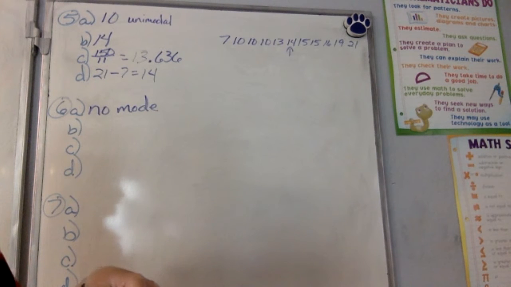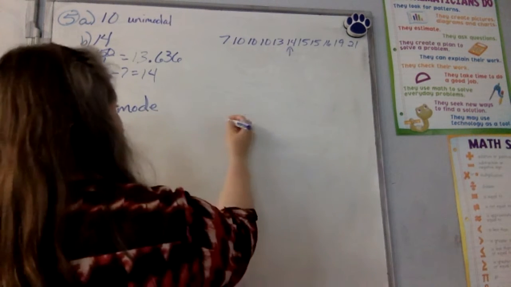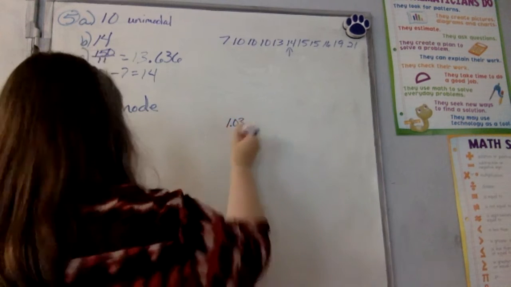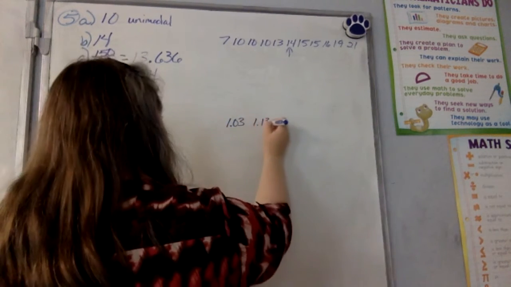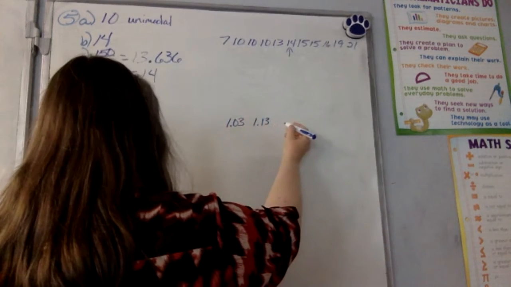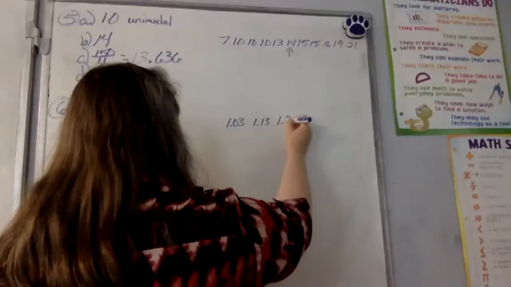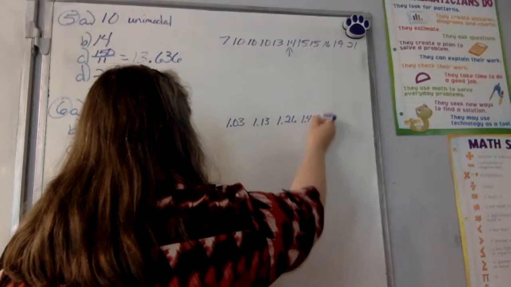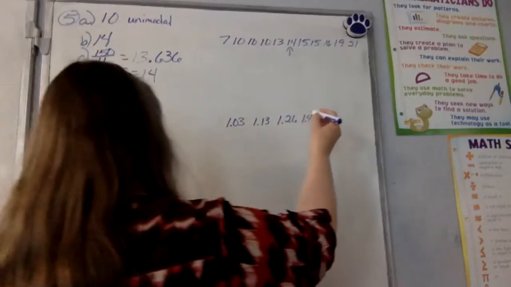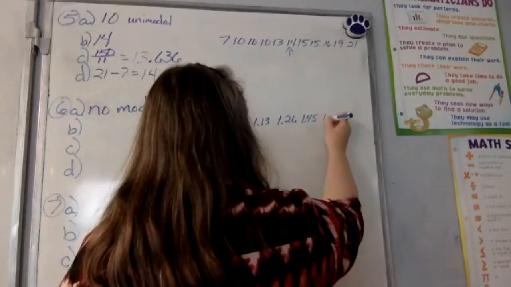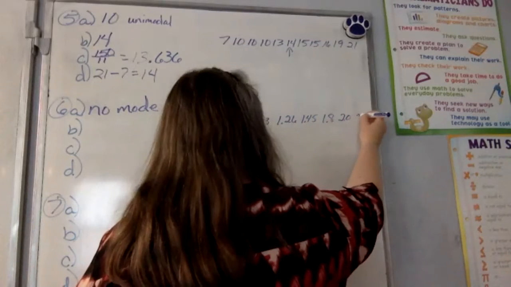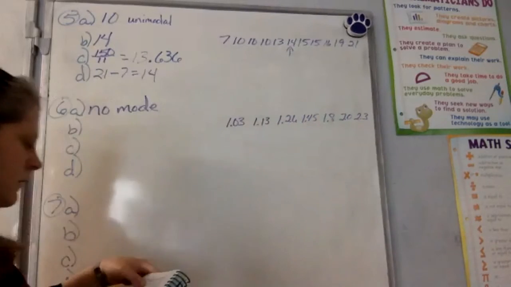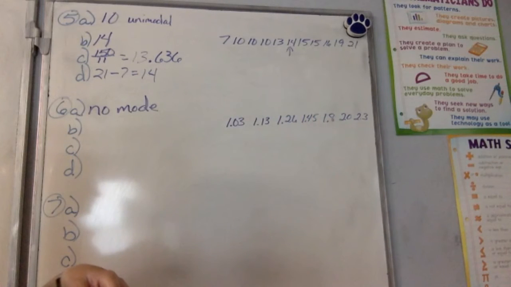So the lowest amount of rain looks like 1.03. Then the next one would be 1.13. Then 1.26, 1.45, 1.8, 2.0, 2.3. 1, 2, 3, 4, 5, 6, 7.